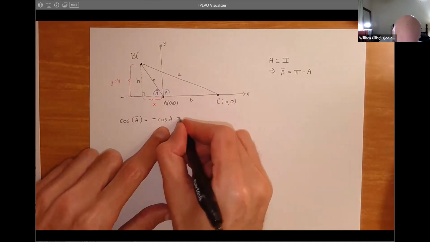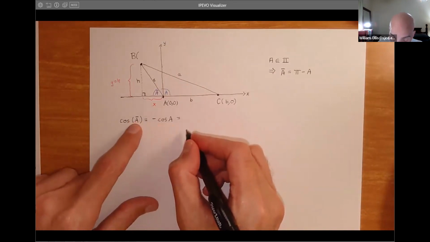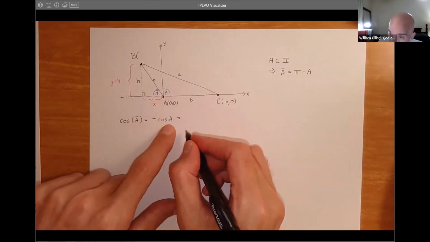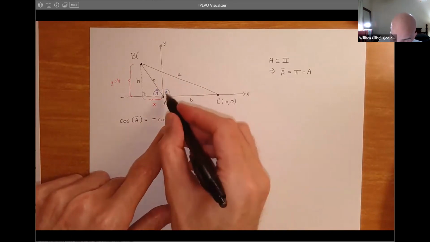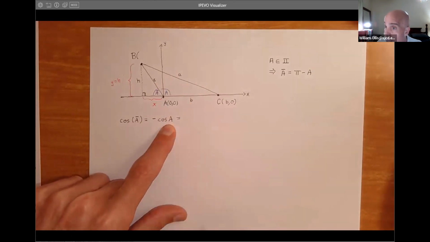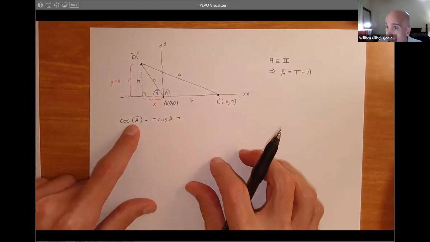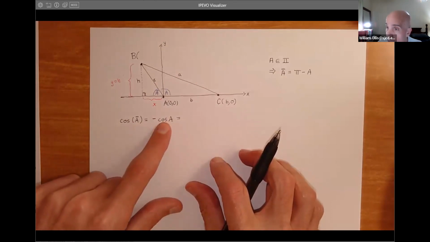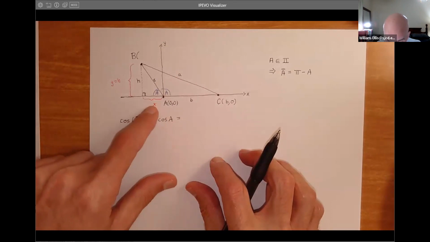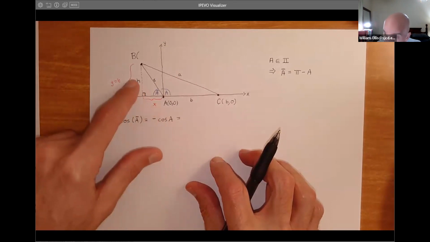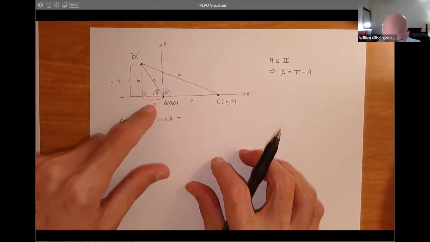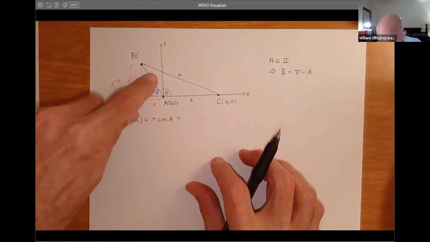And of course, we interpret the reference angle in terms of the given angle of the triangle, which we need. We don't have cosine of A bar in the formula. We have cosine of A. And so now this will be adjacent over hypotenuse. So again, adjacent over hypotenuse.